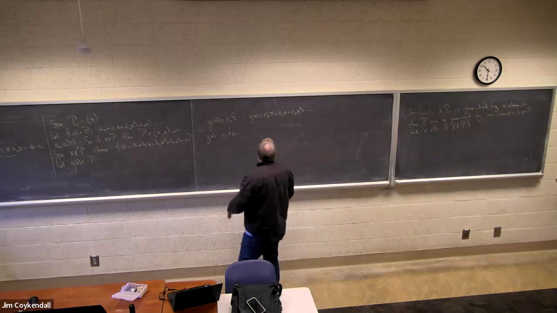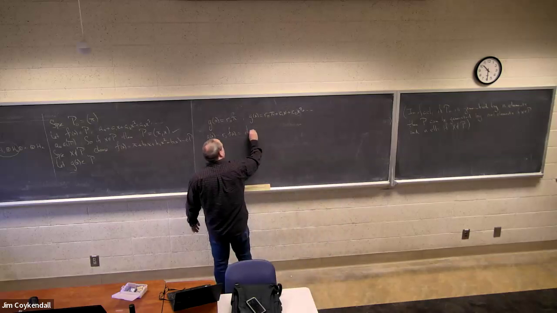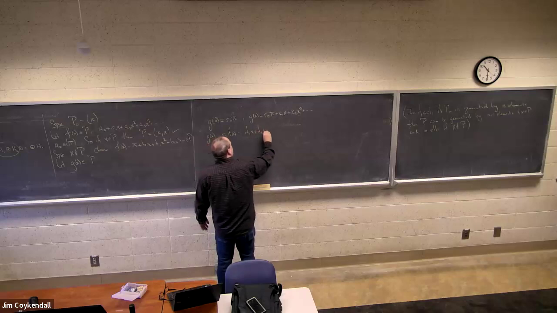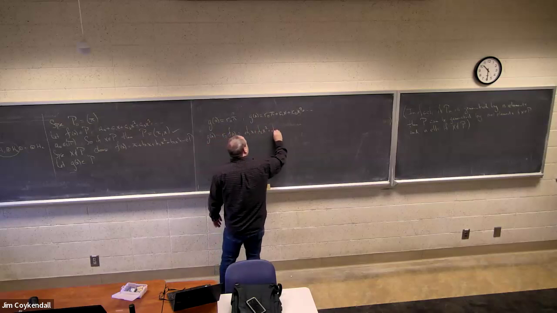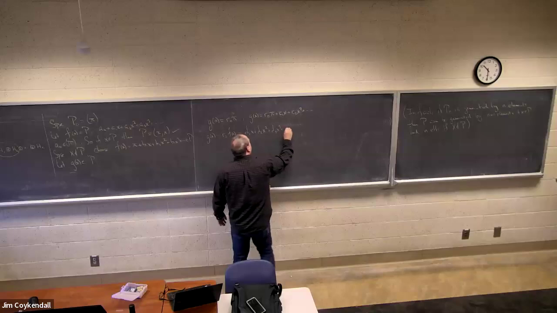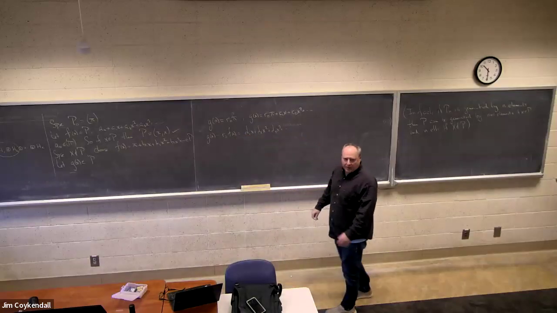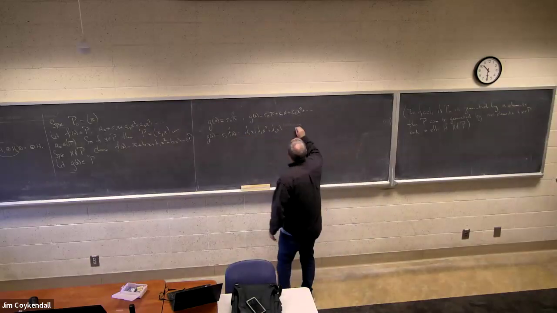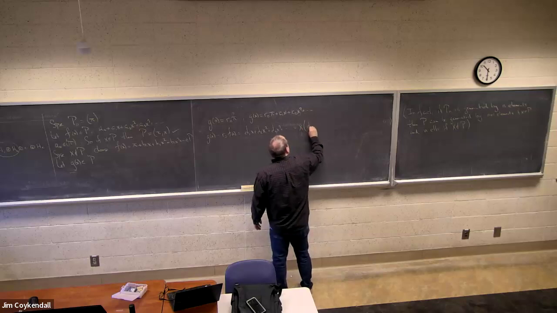And so what do I get? I get d1 X plus d2 X squared plus d3 X cubed after combining all that.